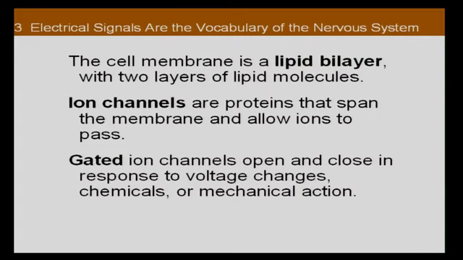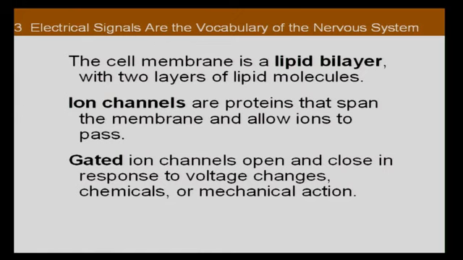Now, let me tell you about different categories of ion channels. We're going to be talking today about several different kinds. Ion channels that are just open all the time. They just do the same thing all the time. Doesn't matter what's going on. They're just open to particular kinds of ions, letting them through.